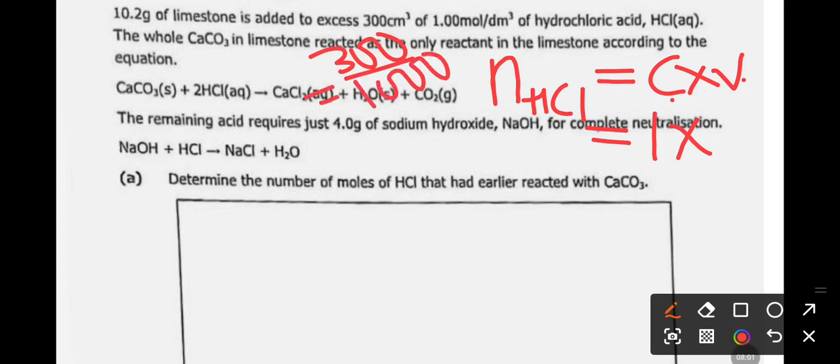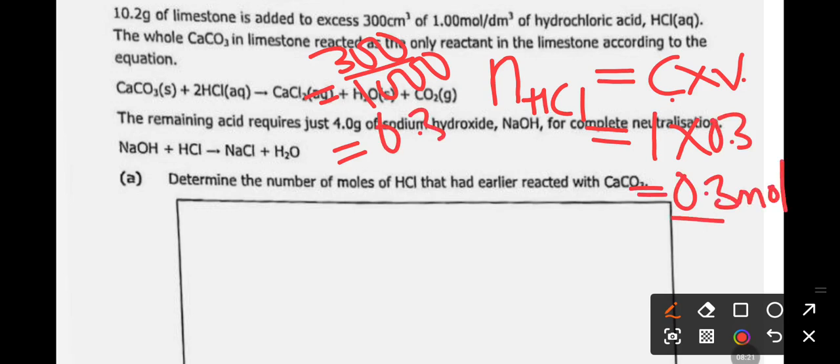So to convert the volume from centimeter cube to decimeter cube, we basically divide it over 1,000. So this will give me 0.3 decimeter cube. So I replace here 0.3, meaning that the total number of moles of HCl is 0.3 moles.